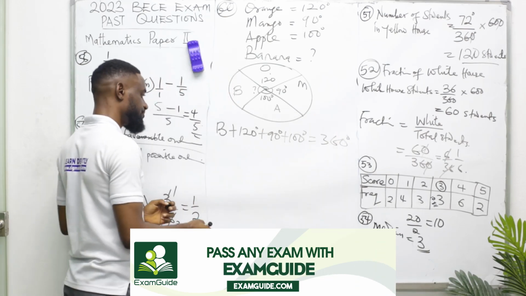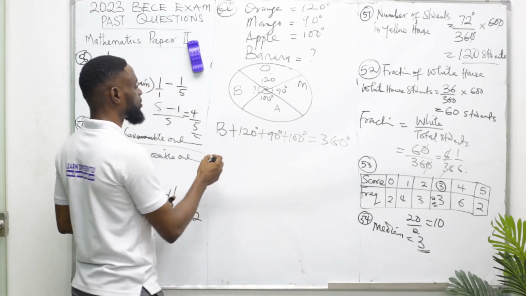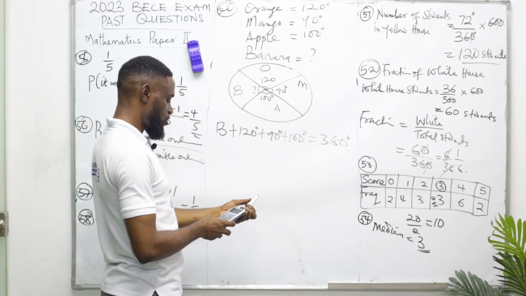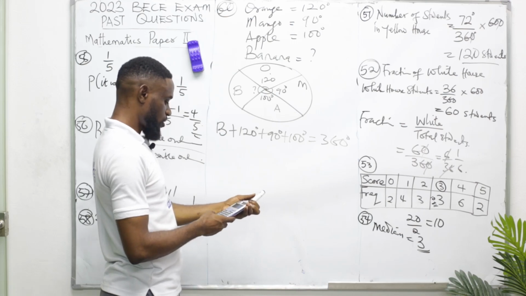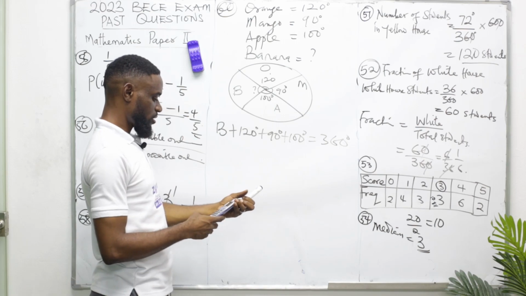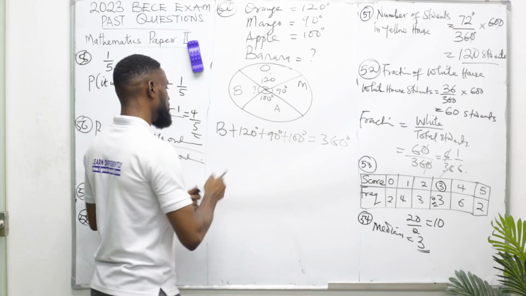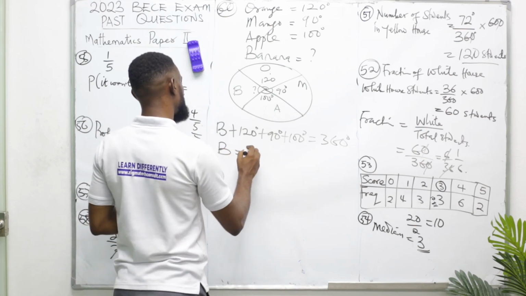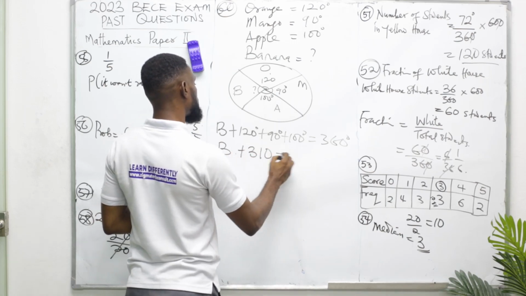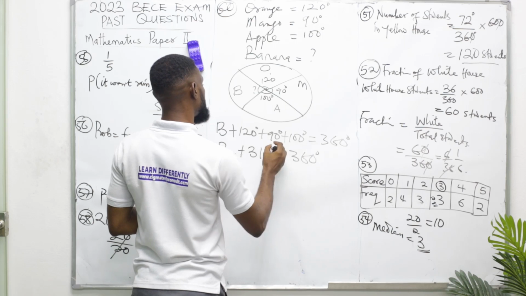Let's quickly punch the calculator. 120 plus 90 plus 100 equals 310. So B plus 310 is equal to 360 degrees.